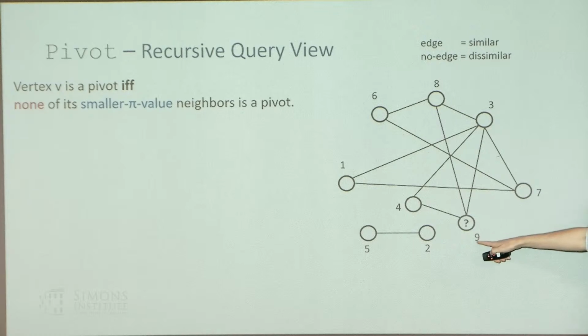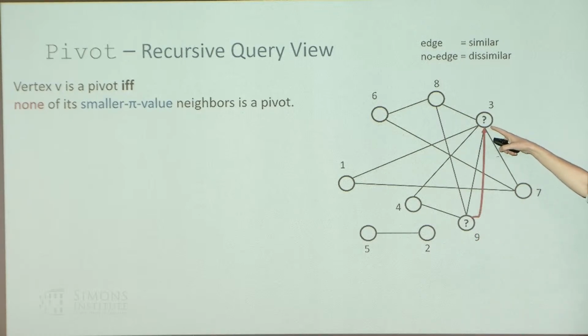I don't know what is the cluster of 9, but I'm going to ask 3, which is its highest rank neighbor, the one that has the smallest pi value. We will ask what is happening with 3. Is 3 maybe a pivot or not? Because if 3 is a pivot, then these two would be clustered together.